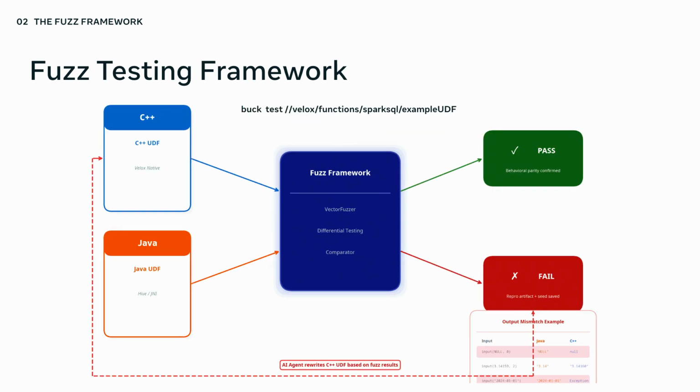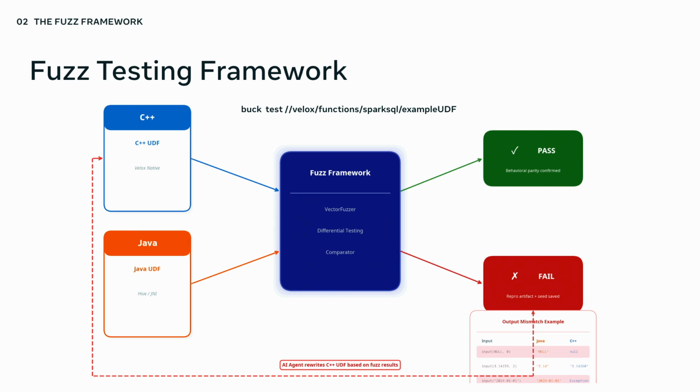This is a high-level picture of the workflow of our tool. We have the AI-generated C++ UDF and the original Java UDFs in place on the right-hand side. The AI agent will just use one command, using our build tool, CMake, to trigger the tool in the middle to validate the results.